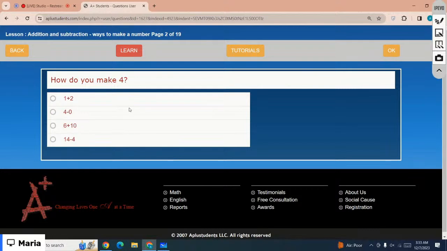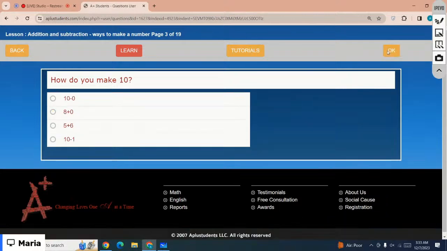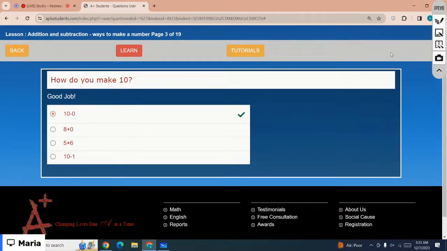Yes, 4 minus 0 is the one that makes 4. Option number 2 is the correct option. Okay. How do you make 10? Which is the correct option? Yes, very good. That is option number 1. 10 minus 0 equals 10. Option number 1 is the correct option, right?